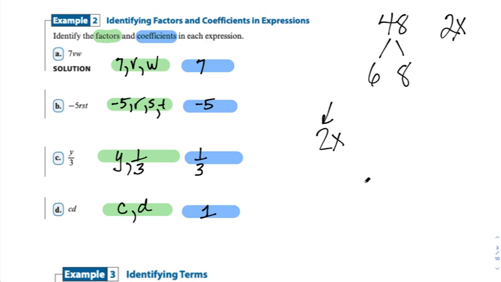Well, if I have y, technically that's the same as having 1y. I can say that the coefficient here is going to be 1. Make sense? So simply because there's no number here, 1 times cd is the same as cd, therefore 1 is the coefficient.